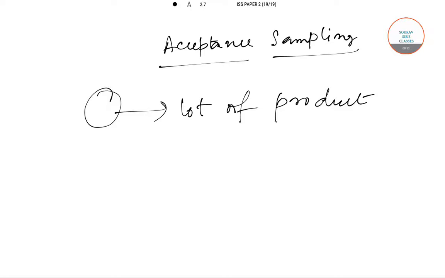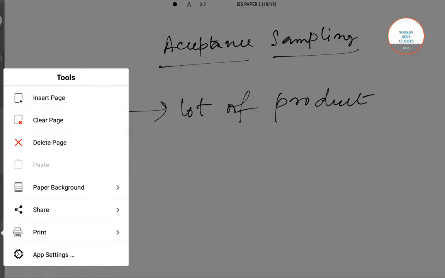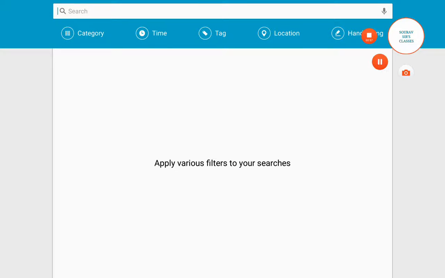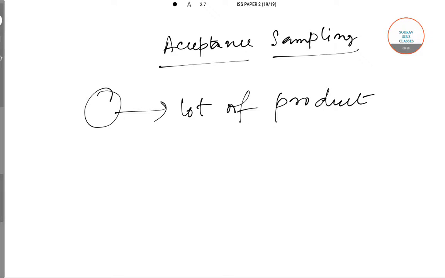So it is a common quality control technique that is used in the industry. In our industry we use many types of sampling methods to test the quality of the product, but acceptance sampling is widely used in statistical industry.